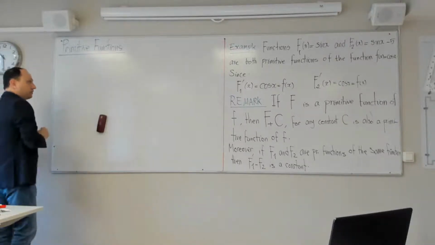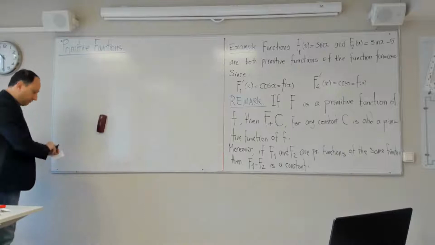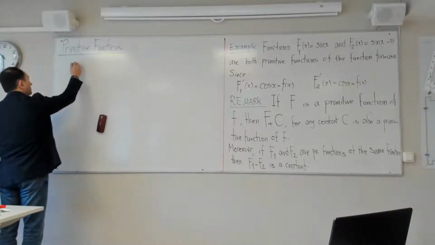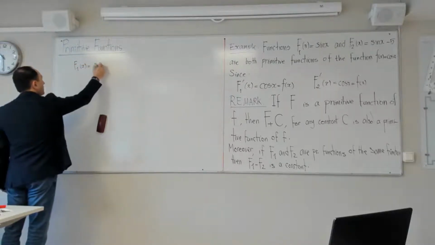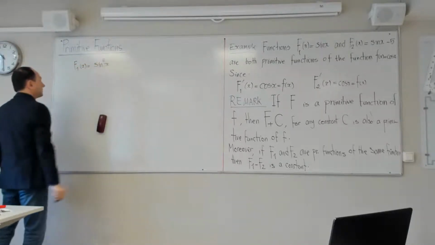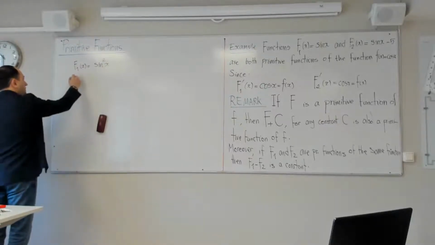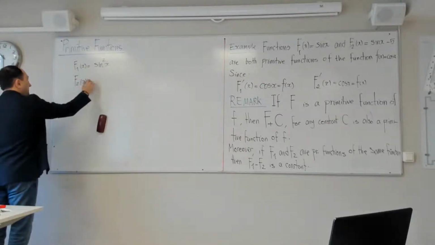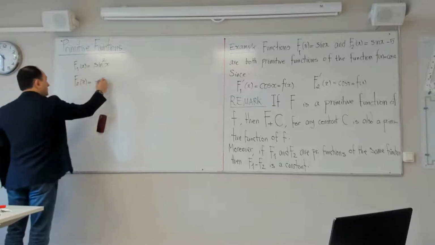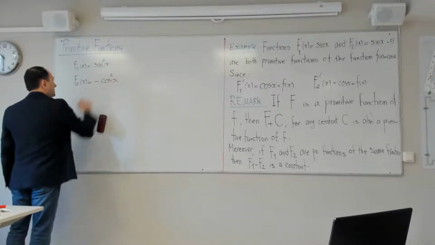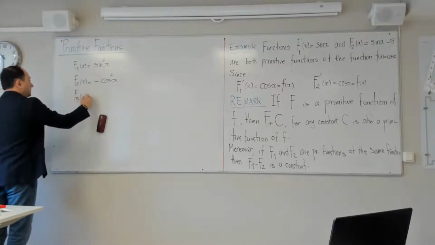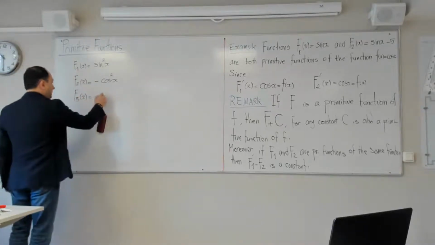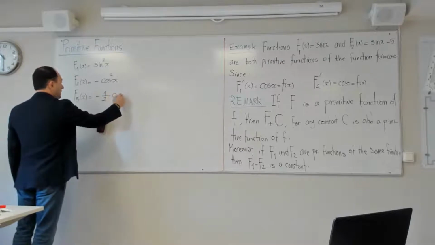Let me give you three functions. f1 of x is equal to sine squared x. Another function, f2 of x, let me give it as minus cosine squared x. And let me tell you this function, f3 of x is equal to minus 1 over 2 cosine 2x.